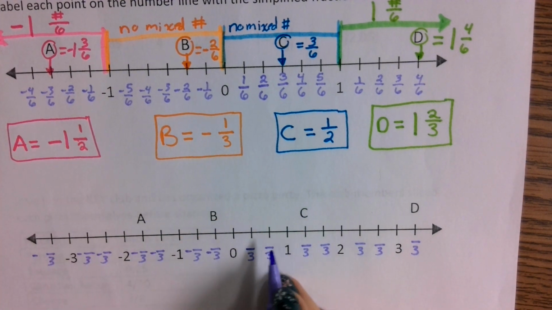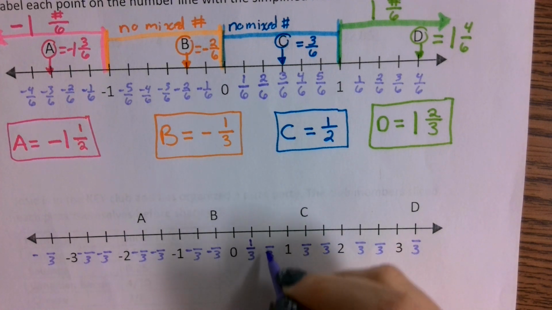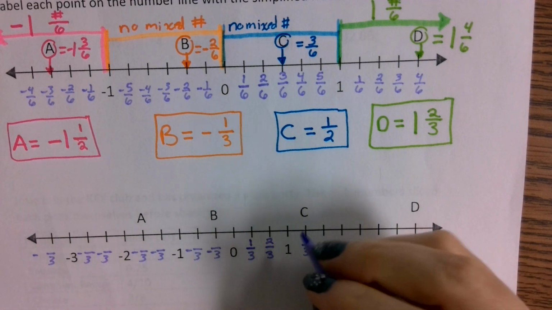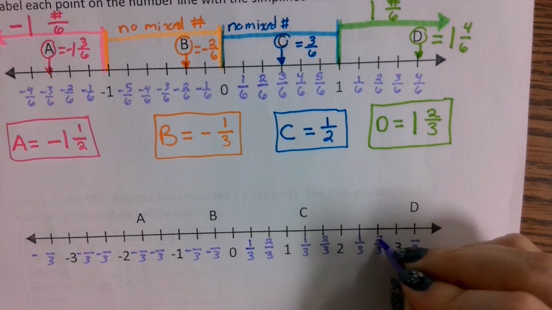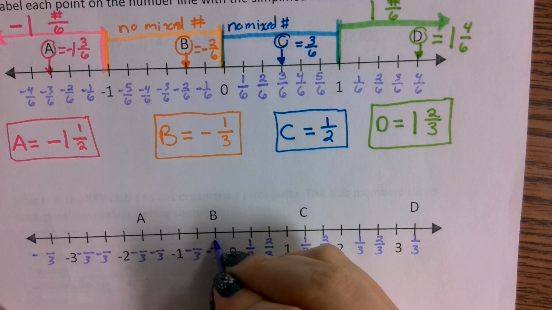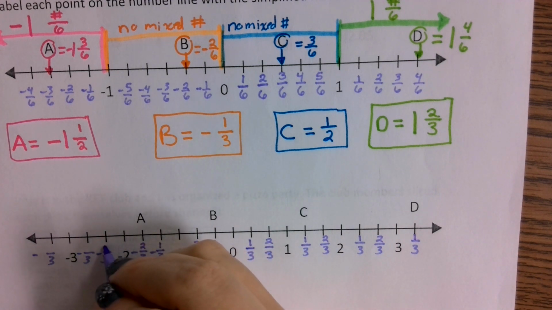Now, we just count on top. We've got 1/3, 2/3, 3/3 would be 1 whole. Then we have another 1/3, 2/3, 1/3, 2/3, 1/3. Working backwards, it's negative 1/3, negative 2/3, and so on and so forth.